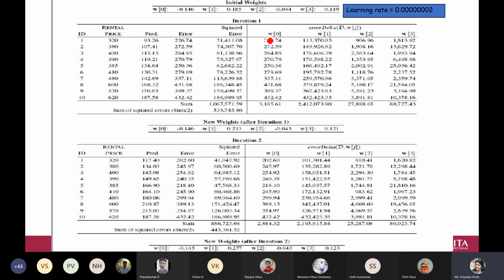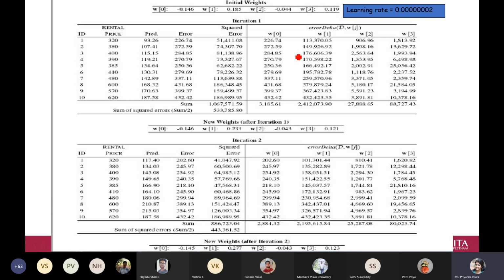Now for w0, you remember we said x0 is 1, so we are not modifying anything. We just write the error itself, or error into 1. Now for w1 it would be error into x1. What is the first value of x1, in the first instance, the first parameter?